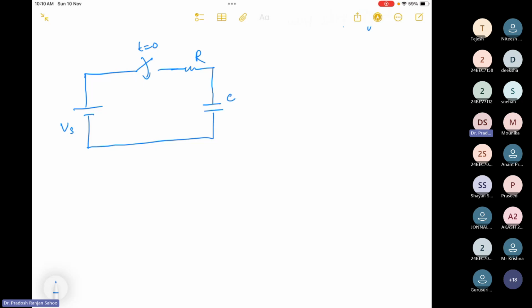Before that it is open, and after that it is closed. So this circuit I can redraw in terms of a step signal. Instead of this switch, I will remove the switch and put a plus-minus sign for the voltage, and write Vs u(t).